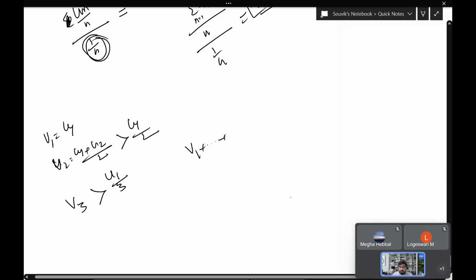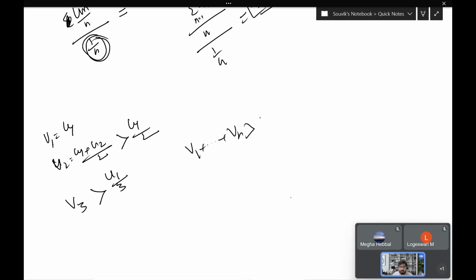So v1 plus v2 plus ... plus vn is greater than u1 into (1 plus 1 half plus 1 third plus ... plus 1 by n), and this right side is divergent, so the left side is divergent. Understand?